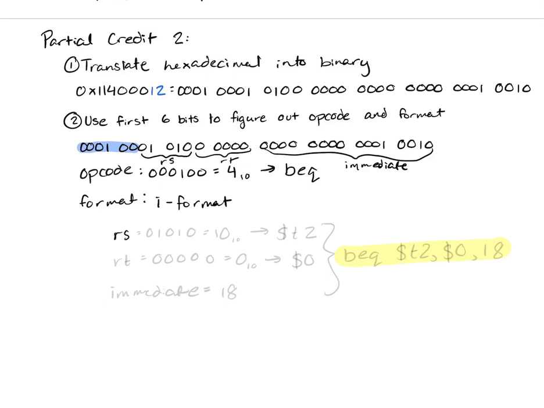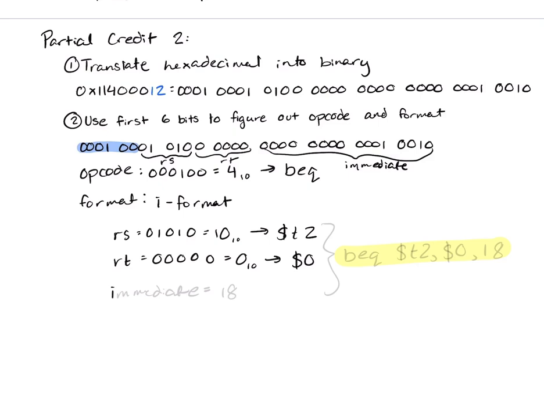So RS is equal to 01010, which is equal to 10 in decimal, which corresponds to T2. RT is equal to 00000, which is equal to 0 base 10, which is the 0 register.